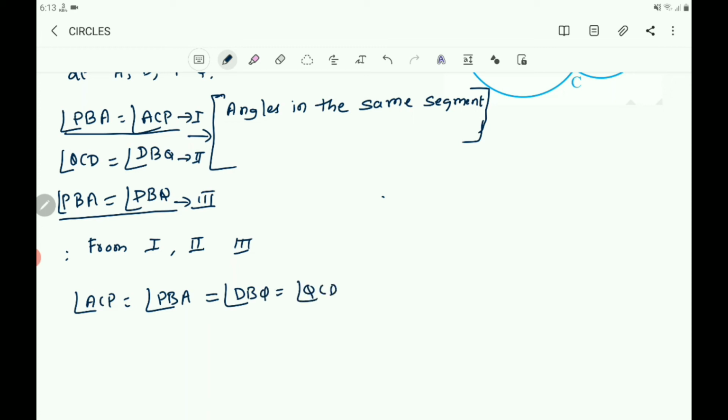QCD. Here ACP equals PBA, PBA is equal to DBQ, DBQ is equal to QCD.